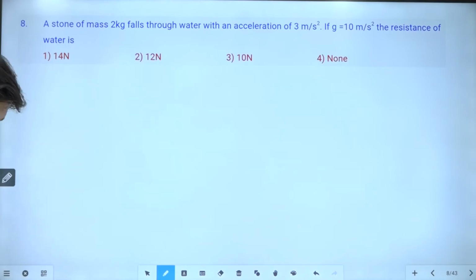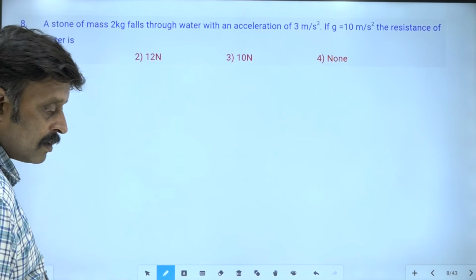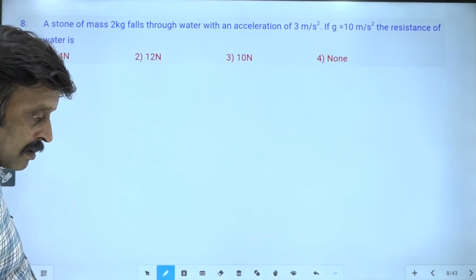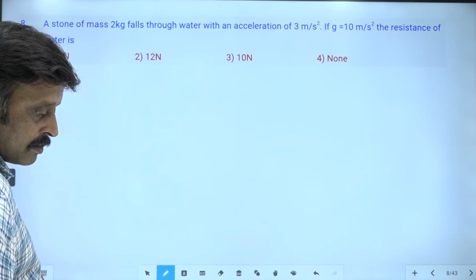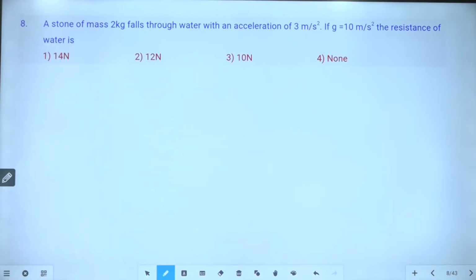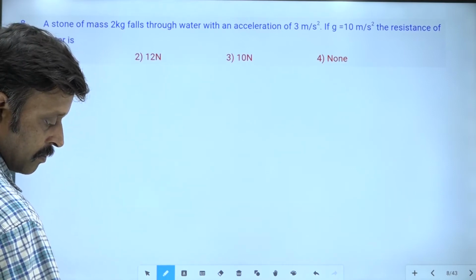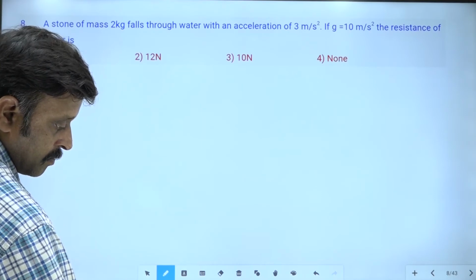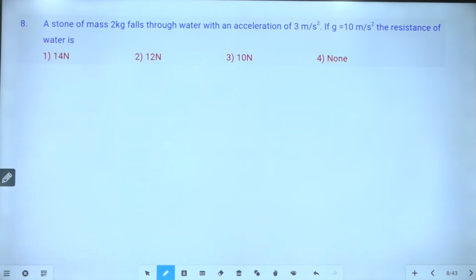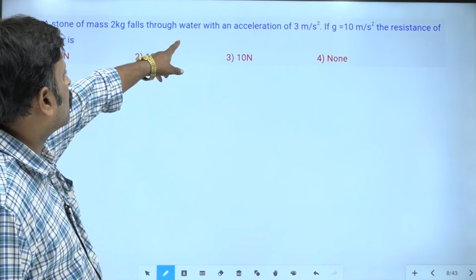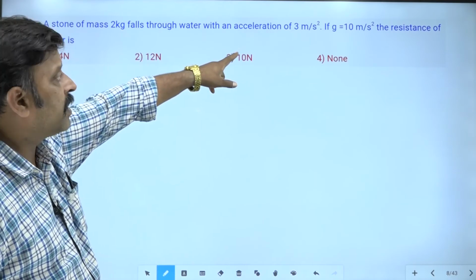Next question. A stone of mass 2 kg falls through water with acceleration 3 meter per second square.